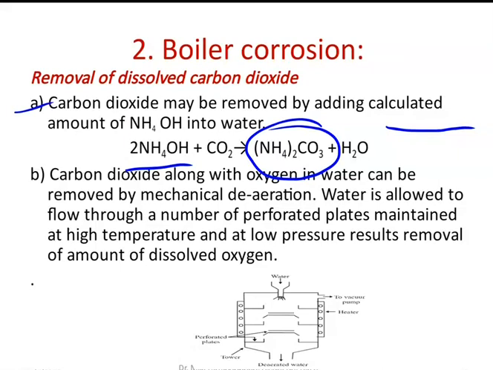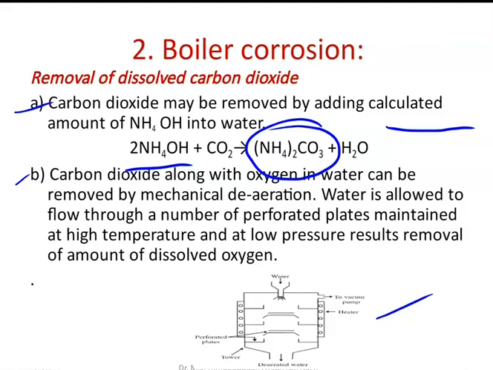Now the second technique I want to discuss is the mechanical de-aeration method, as I discussed with the removal of dissolved oxygen. The same technique applies here also. The carbon dioxide gas along with oxygen can be removed by the mechanical de-aeration technique.